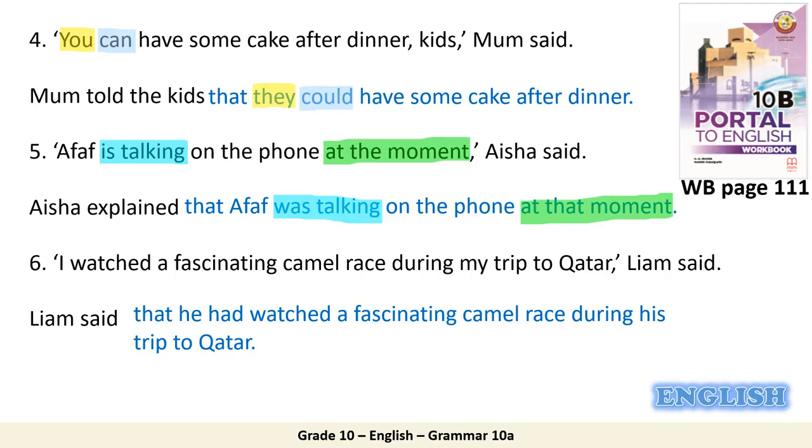So what are the changes that you have made? Very good. We changed I with he, watched with had watched, and these are the tenses. The first one is past simple, the second one past perfect. What else? Very good. So my trip becomes his trip.